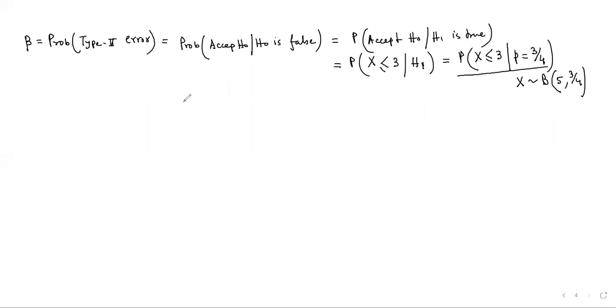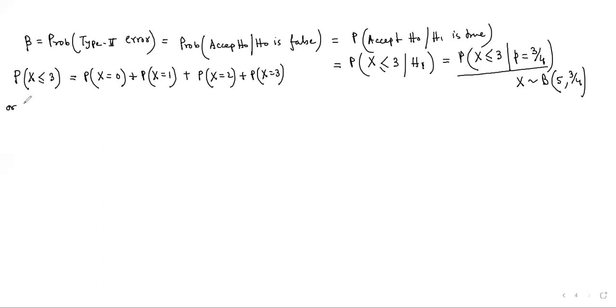So now you are going to calculate this probability. This probability can be calculated in two ways. Either to calculate the probability of X less than or equal to 3, you do it in the following manner. You find this. Or you can calculate this probability by simply subtracting the opposite from 1.